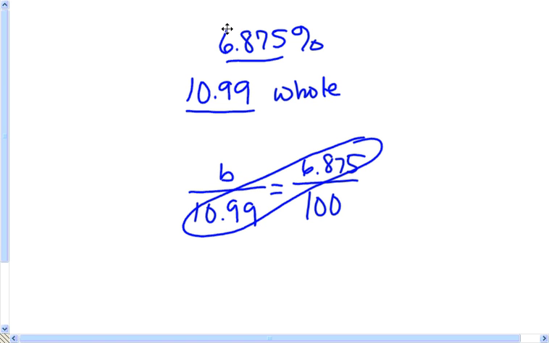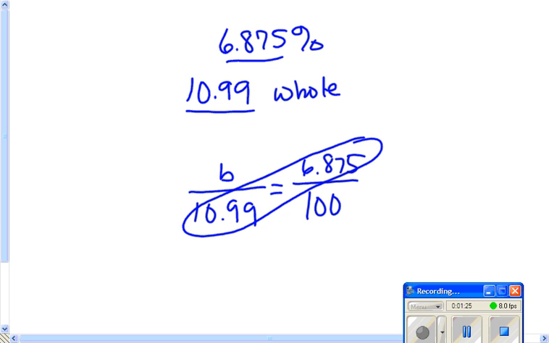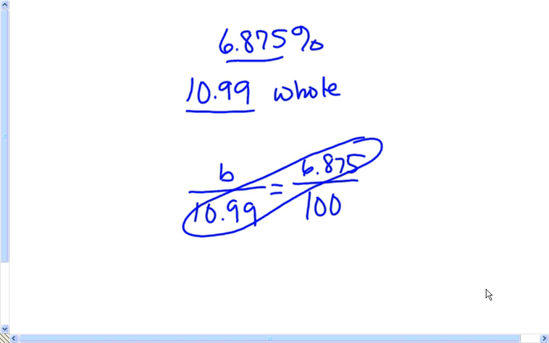And if you do that, you get... and if we round it to the nearest cent, we get 76 cents. So that's just the tax part.